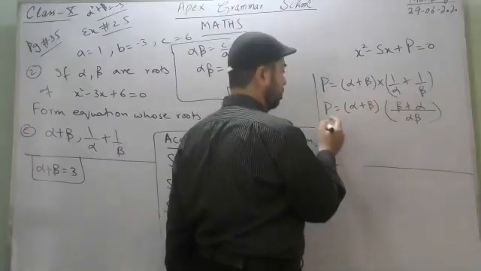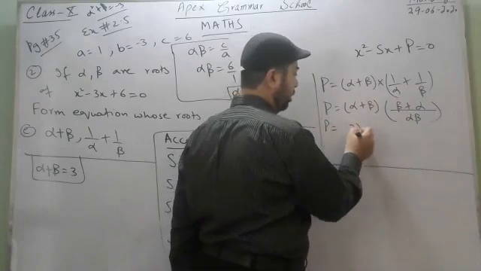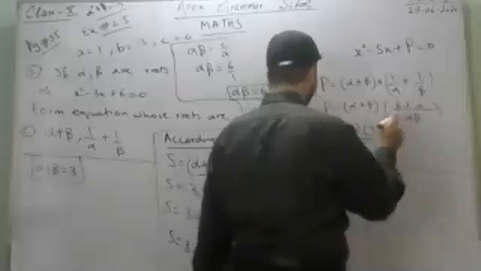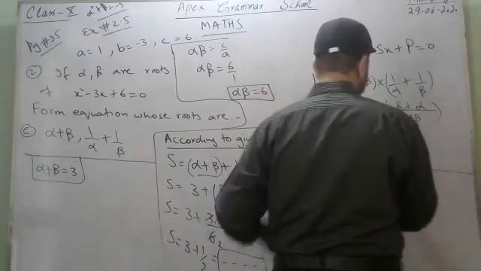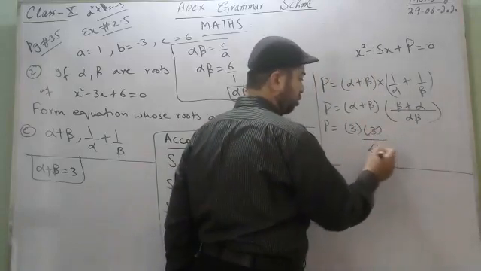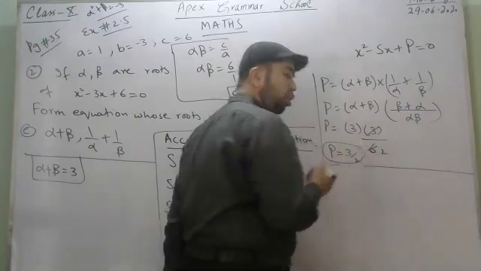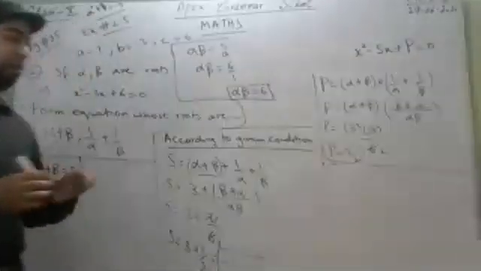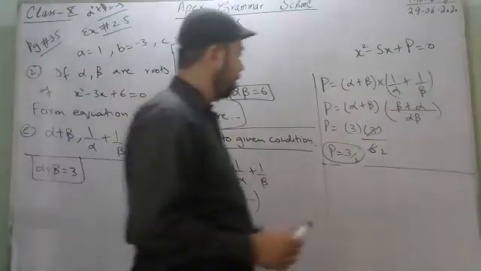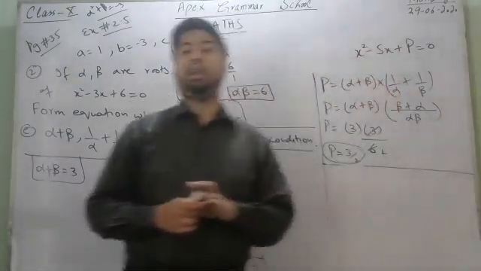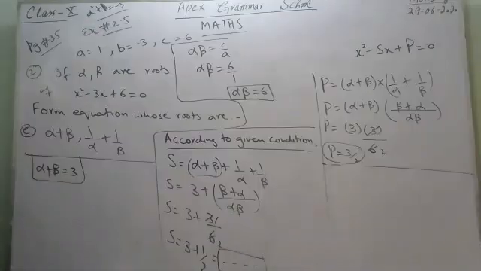Alpha plus beta and beta plus alpha make the same thing, 3 and again 3, and alpha beta, that is 6. So 3 1s are 3, 3 2s are 6. So P is equal to 3 by 2. Now you have the P value and S value, and make sure that you put the correct values in S and P, and then you have it.